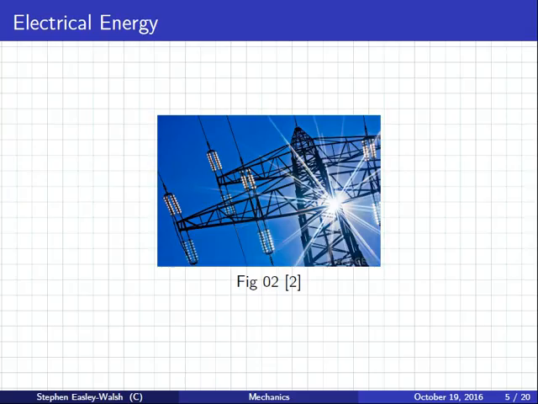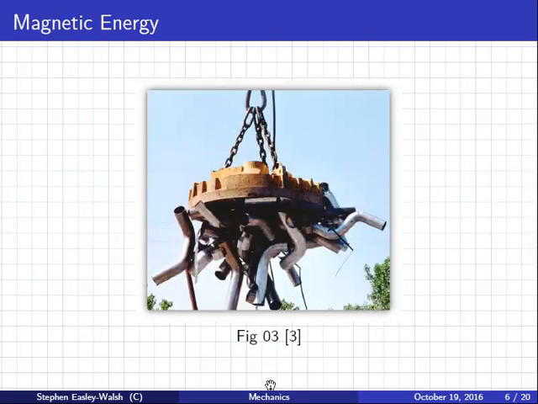Got that? Next type, magnetic energy. Because the magnet can lift the metal at the junkyard, as an example. So we have magnetic energy. So magnets can do work. So they have energy.